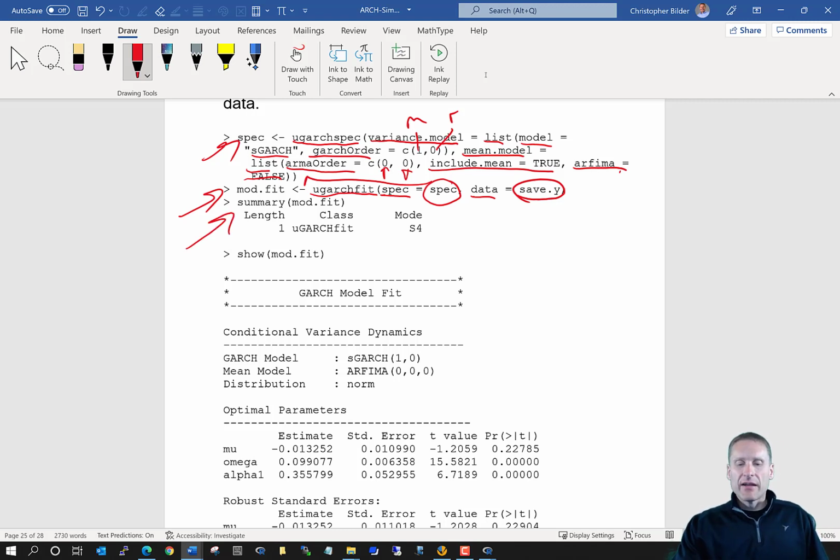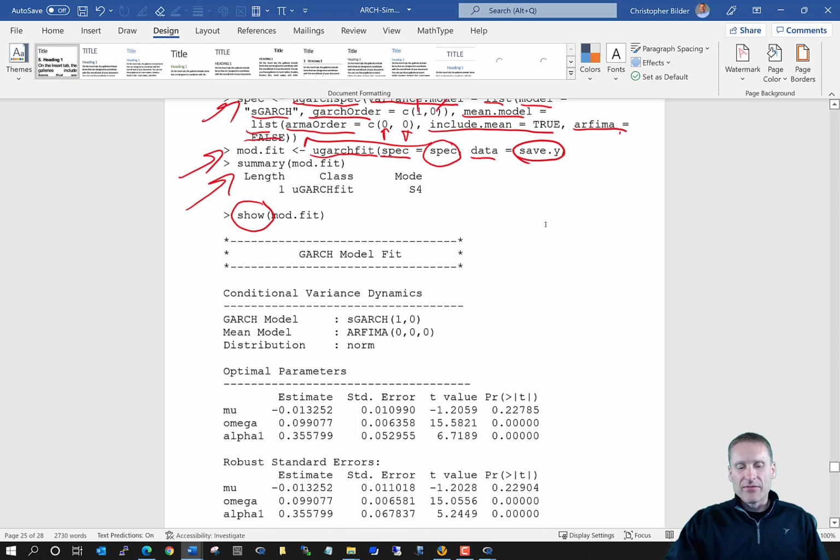And then when I say summary of mod.fit, I don't get much back, unlike what we got previously from the fGarch package. Now, this package is written using S version 4. Typically, except with the Garch package, the summary function doesn't do the same thing as we've seen previously. Rather, the summary function is usually replaced with the function called show. So show mod.fit, show what's inside of it.